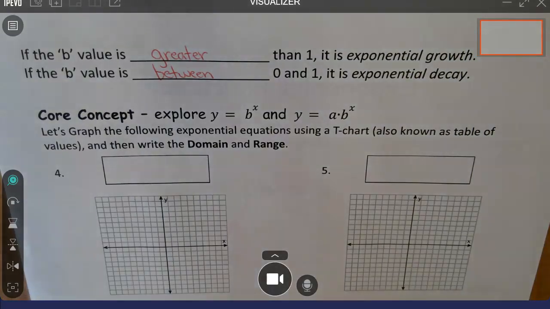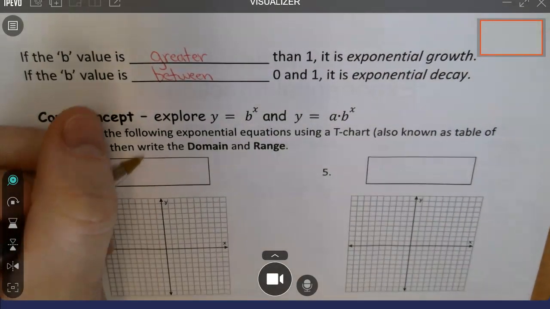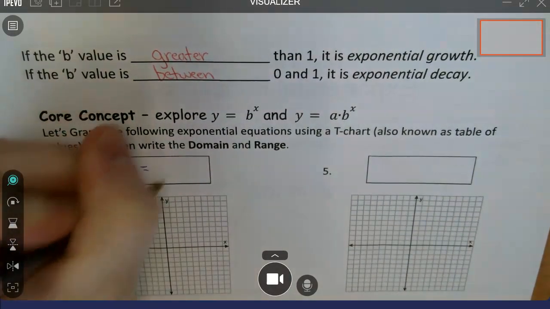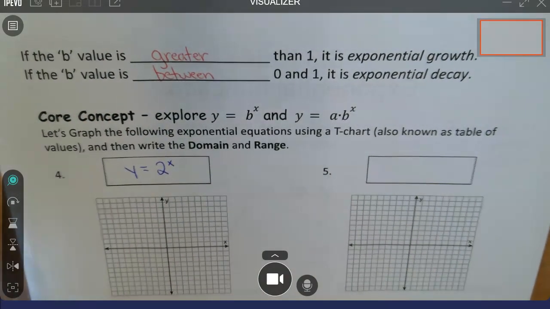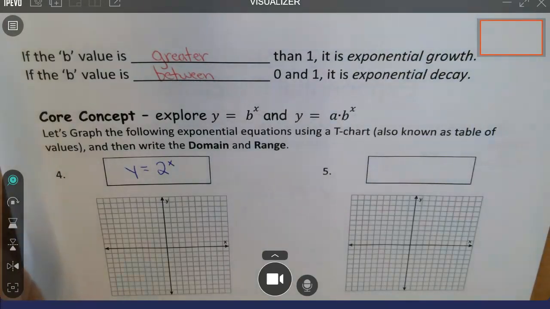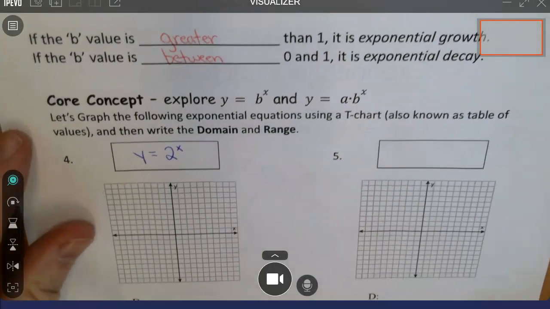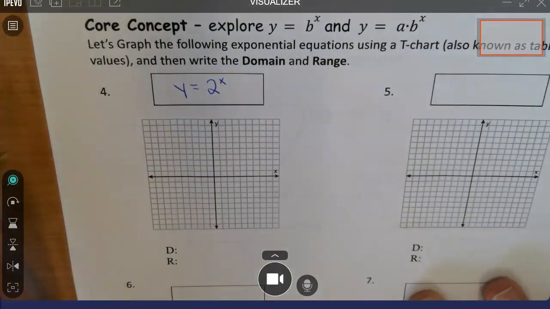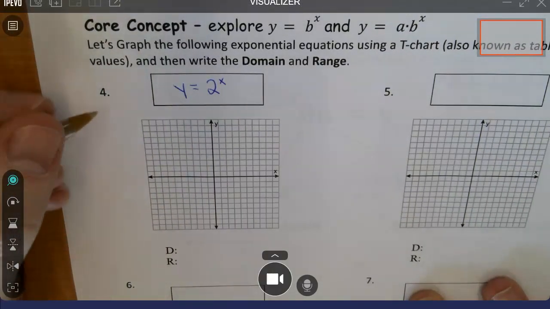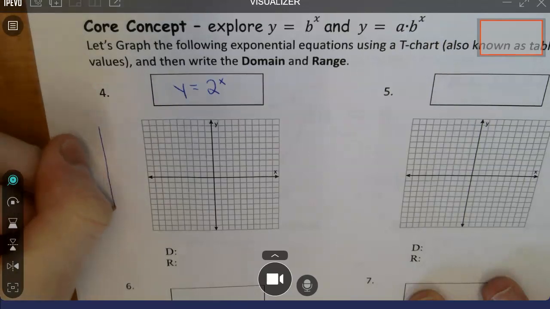All right, so the first one we're going to do, and you're going to write it in this top blank, we're going to do y equals 2 to the x power. Now the way we're going to graph this is we're going to pick values and plug them into this equation. And we're going to make what's called a table of values. A table of values, which can also be known as a t-chart, looks like this.